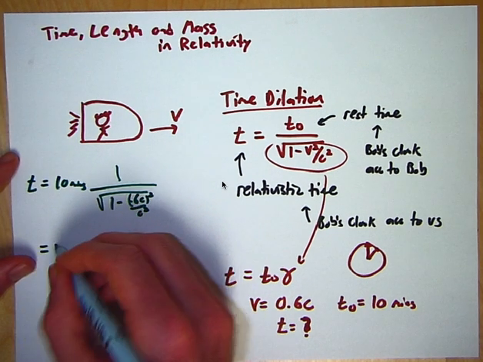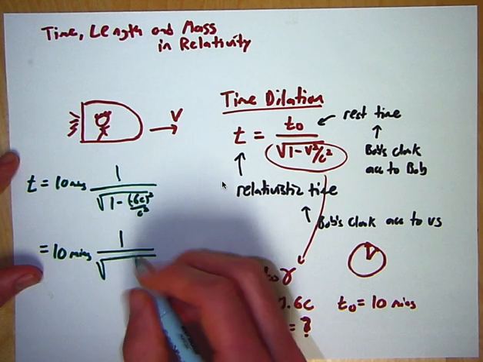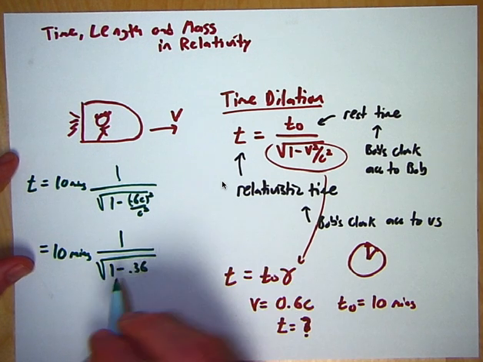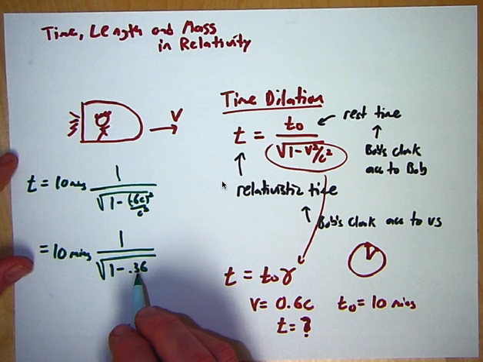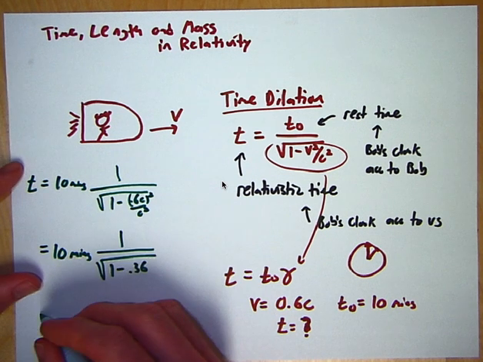So this is 10 minutes times 1 over the square root of 1 minus 0.36, right? This is going to work out well because 1 minus 0.36 is 0.64, and I can take the square root of 0.64 as 0.8, or just do it on your calculator.